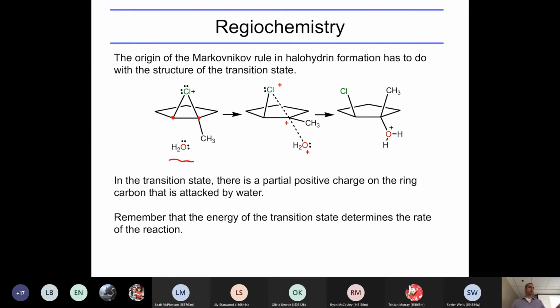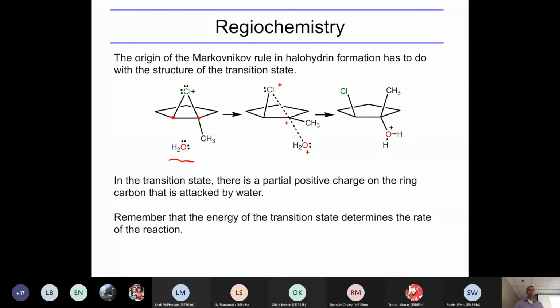But in truth, that charge is sort of shared over all three atoms that are in that ring. You can't really draw that well with Lewis structures, because Lewis structures force us to have electrons as little dots in one place, in a bond or in a lone pair, not shared, right? You can't do that with Lewis structures. But in reality, it is shared.